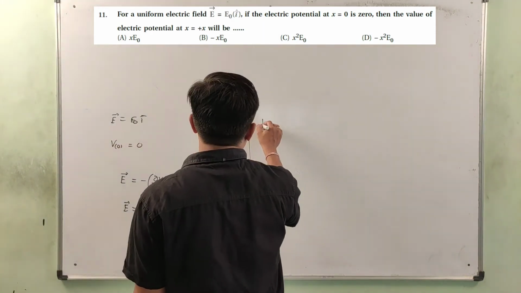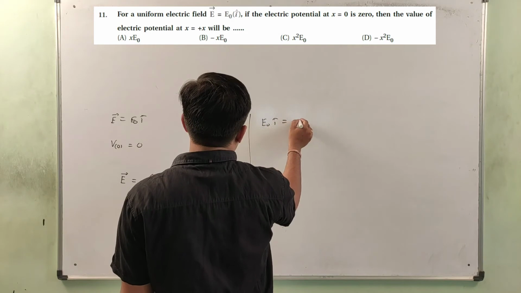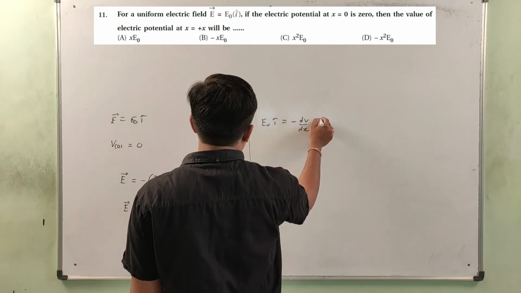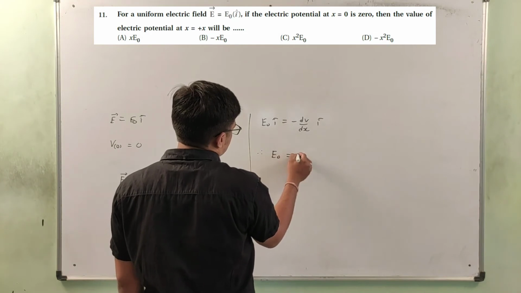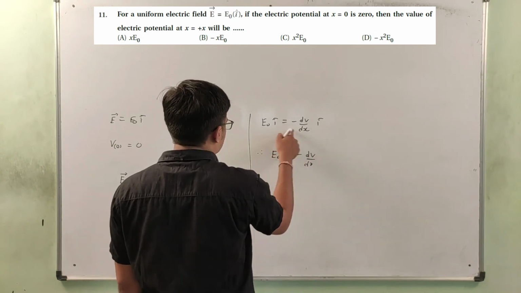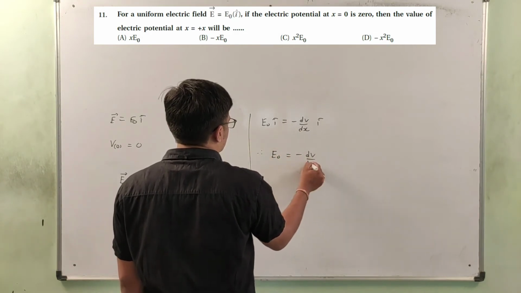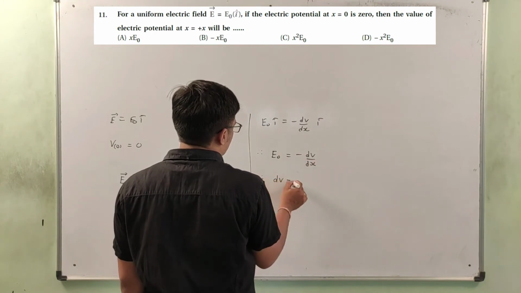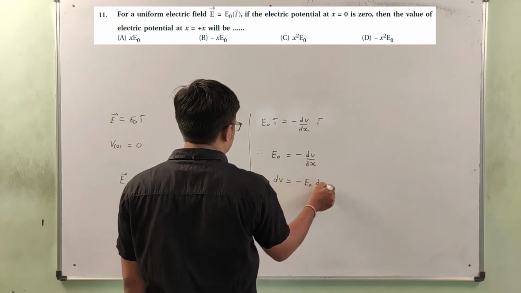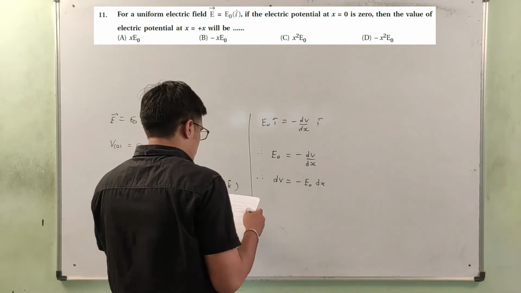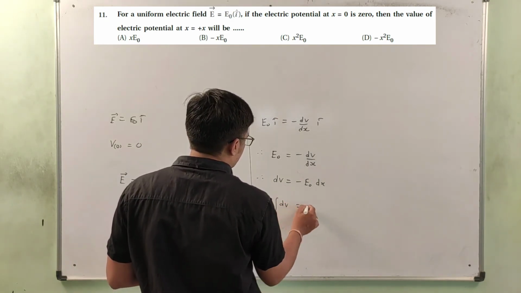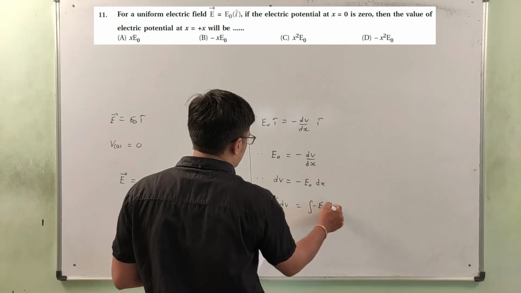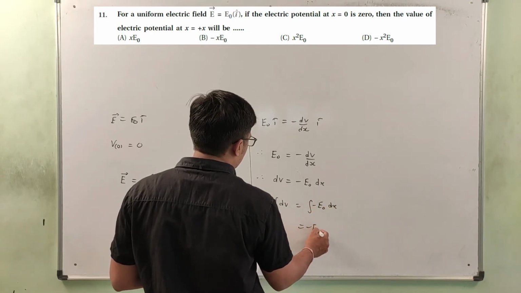So the electric field is given as E0 i cap, equal to minus dV by dx i cap. So i cap cancels, and the magnitude is also the same. From this, dV is equal to minus E0 dx. Now integrate both sides, dV equals minus E0 dx. E0 is constant, take it out.